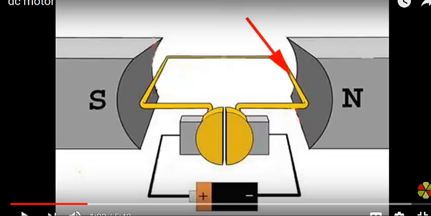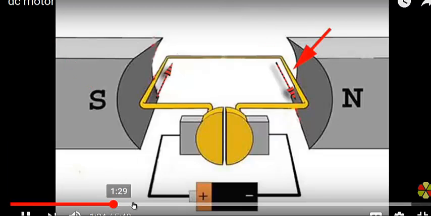But when it gets to where it's vertical, the two forces associated with these parts of the circuit are both in the same direction, and you wouldn't have any torque. So you have to switch the order of the current.